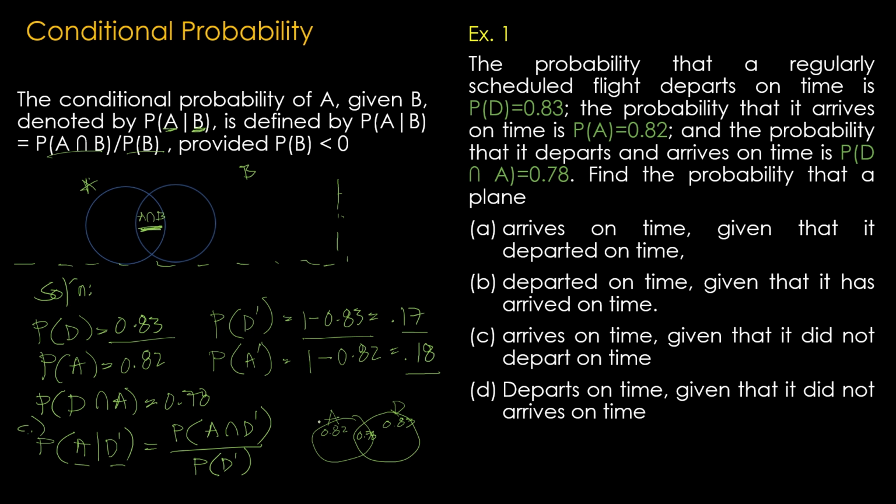So the whole of A is 0.82 and the whole of D is 0.83. Now we are to find the intersection between A and D prime.